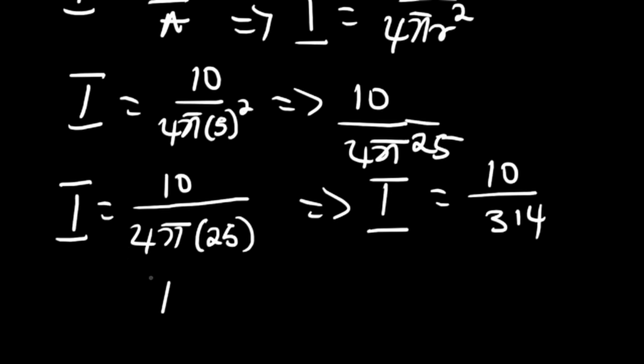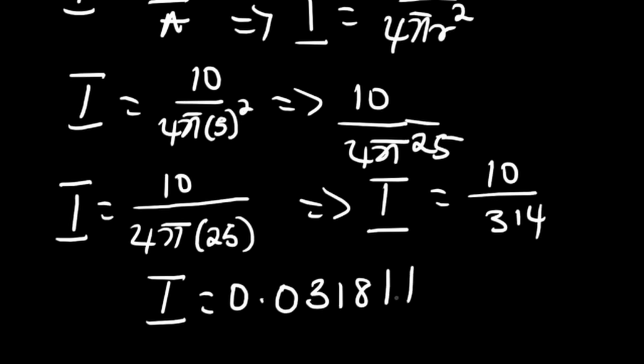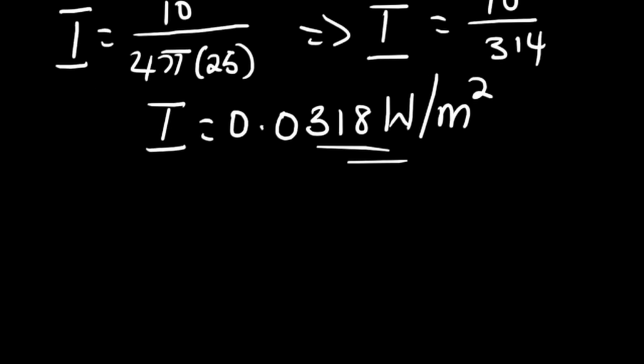So the sound intensity is equal to 0.0318, and the SI unit is watts per meter square. So this is the sound intensity. Now let's calculate the loudness on the decibel scale. So this is our part B.